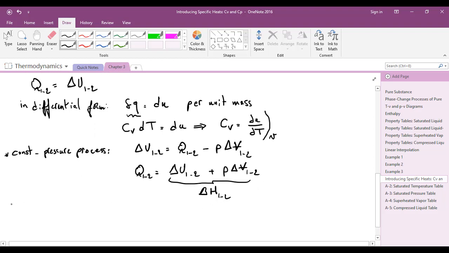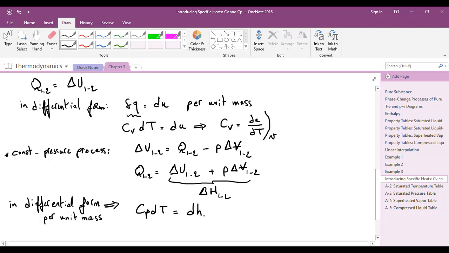So we can write this equation in differential form, and of course per unit mass, the total amount of energy supplied is equal to Cp dT per unit mass, so should be equal to dh, the enthalpy change.